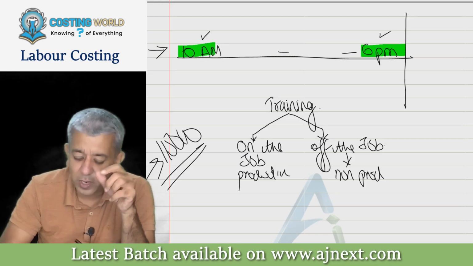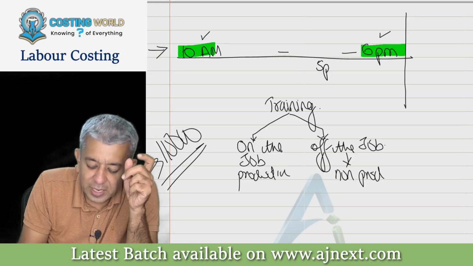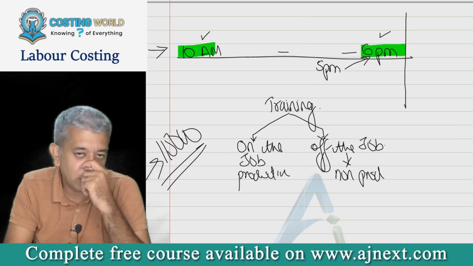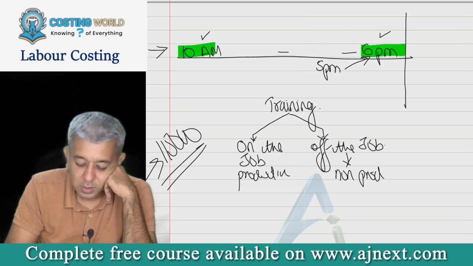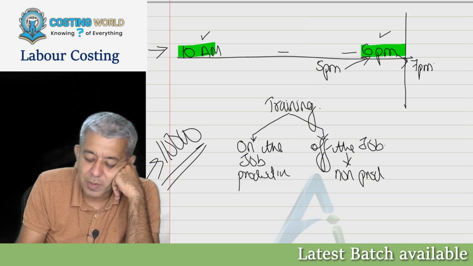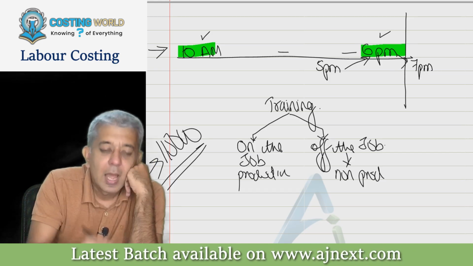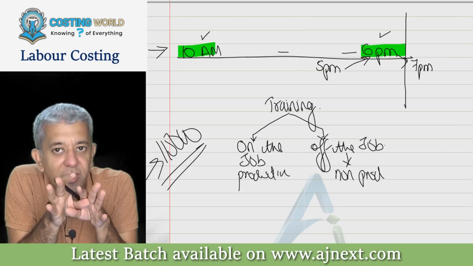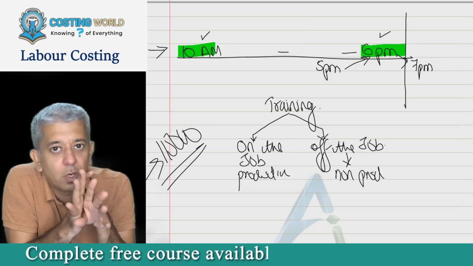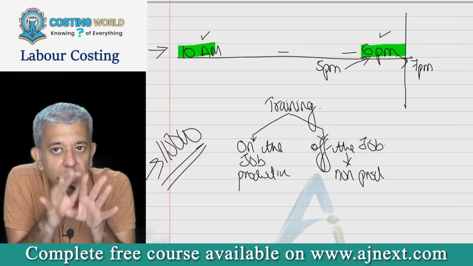So I told them, every day 5 p.m. to 6 p.m. will be your on the job training. Workers said, okay sir. Then I told them, 6 p.m. to 7 p.m. will be your off the job training. I don't want to waste normal factory hours for this off the job training. You all understood this situation?